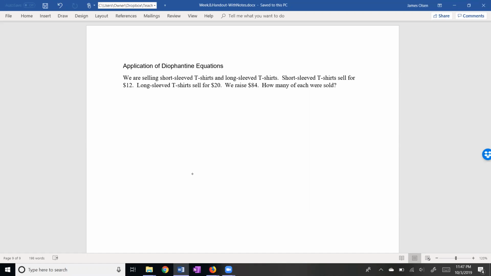Let's let X be the number of short sleeve t-shirts. X equals number of short sleeve t-shirts, and Y equals number of long sleeve t-shirts.